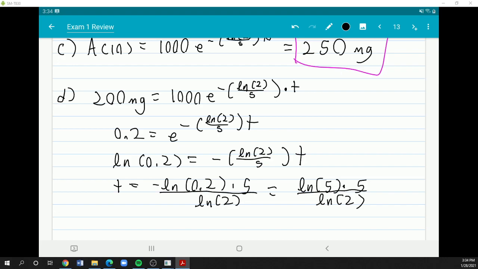And then you plug that into the calculator. And it looks like I plugged this number in already. Yep, 11.61. That makes sense because 200 milligrams is 20% of 1,000.